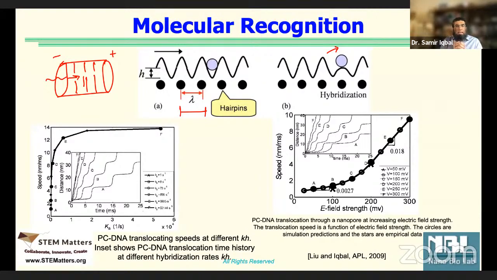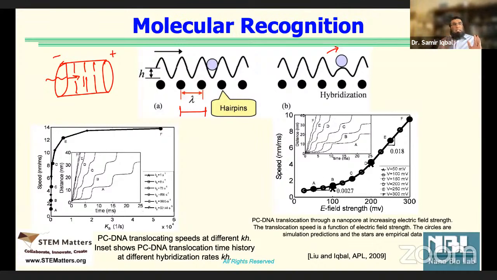What we see here is that if you move things too fast, we lose the hybridization rate. So the hybridization rate becomes less. On the x-axis it is 1 over s, which is the reverse of the scale.